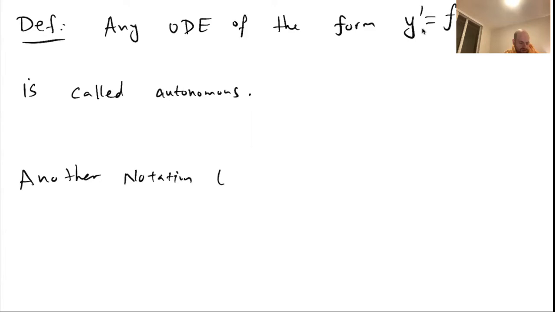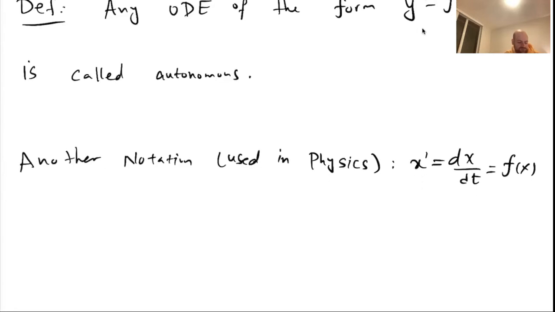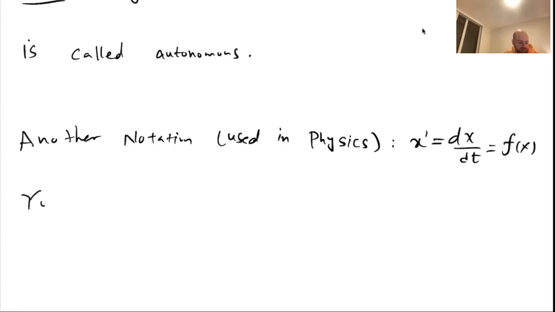Another notation used in physics is x prime equals dx over dt equals f of x. Of course, the concept is still the same. Doesn't matter whether you use x and y or t and x. In any case, an autonomous equation is an equation of this form. So your book uses the second notation.